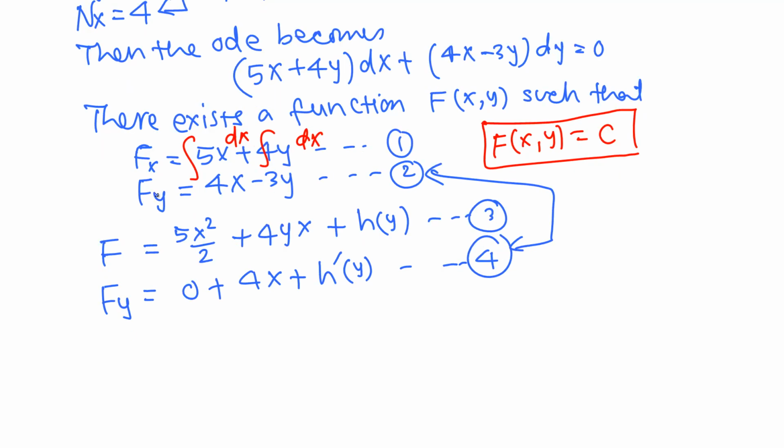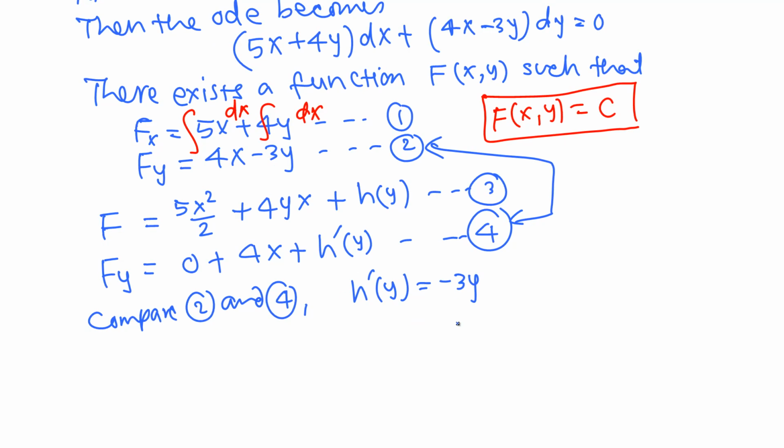Left hand sides are the same. Look at the right hand sides. 4x is here, they are the same. That means h'(y) should be equal to negative 3y. Compare 2 and 4, we get h'(y) equals negative 3y.